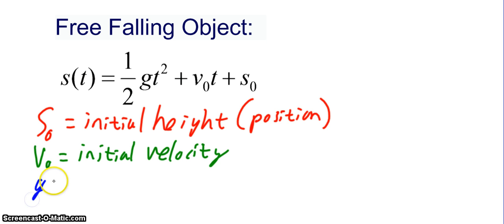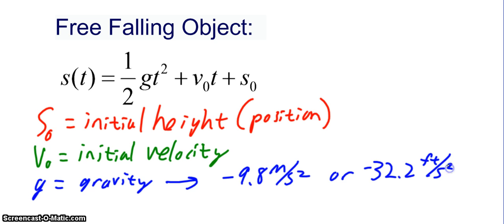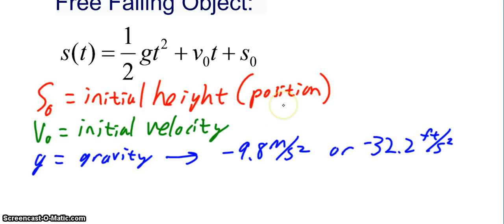G is gravity, or more specifically acceleration due to gravity. And this is negative 9.8 meters per second squared, or negative 32.2 feet per second squared. Some of you who may be in physics have seen this before, I'm sure.